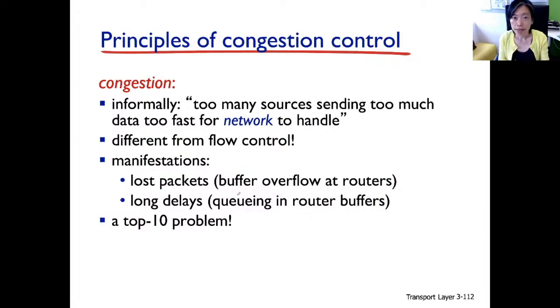Coming ahead is a series of scenarios, growing more general, and hopefully by the end of the discussion, you see congestion is something that's really bad. You could invest a lot of time and a lot of resources, but end up having nothing.